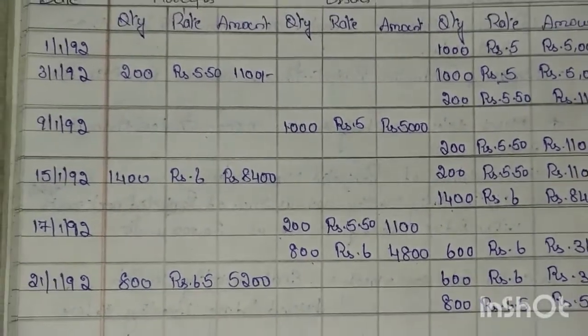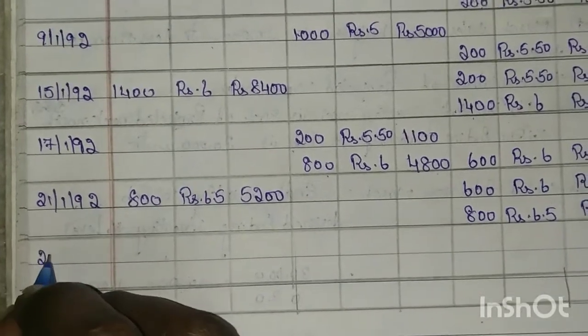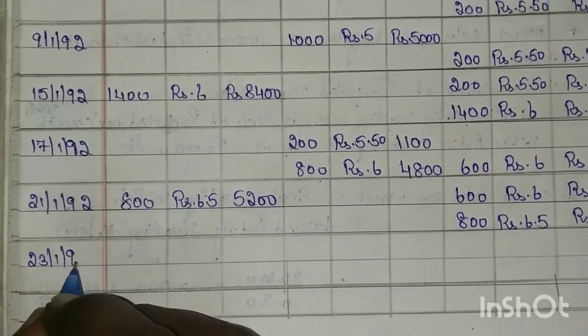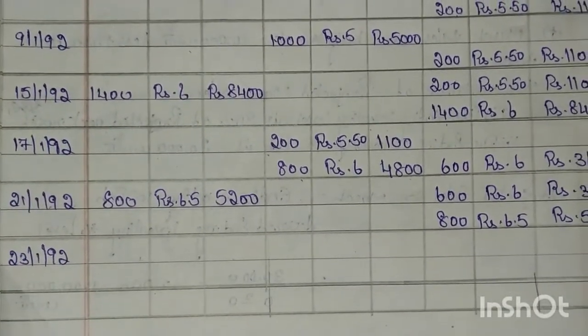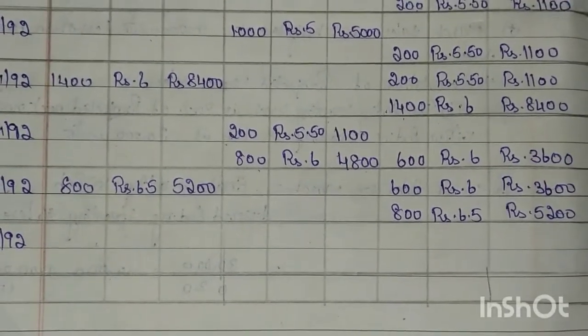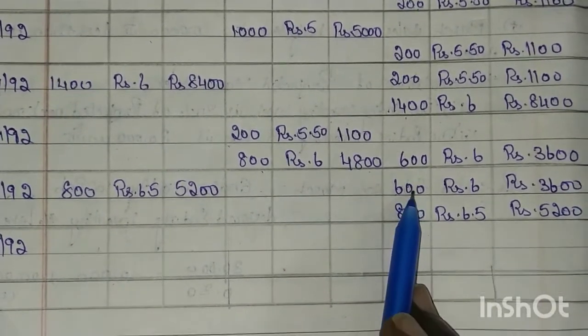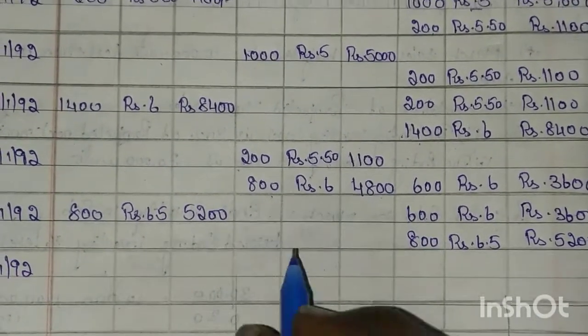The last transaction is on January 23rd, 92. There is an issue of 1000 units. Again here we do not have 1000 units at one rate, we have 600 units and 800 units. So the first units should be issued first.